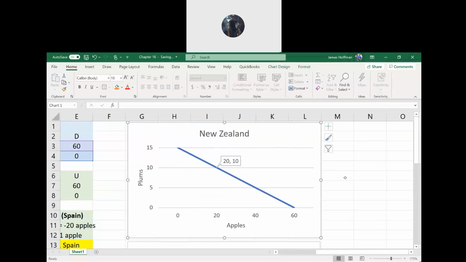How many total apples can New Zealand produce? Again, the question is if New Zealand only produces apples, what's the total or maximum number of apples they can possibly produce?